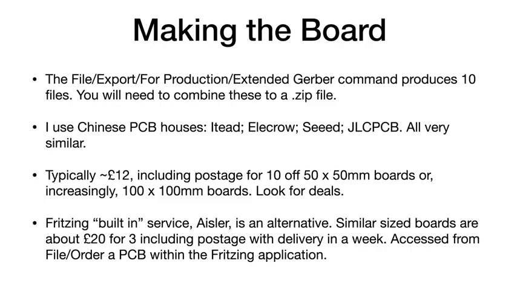The PCBs are usually less than $5, the rest is postage. I've not used the Fritzing built-in service, so can't comment on the quality. But it is more expensive than the cheapest Chinese solutions, but might be better if you want a small number of boards quickly. Let's look at a typical Chinese PCB manufacturer's webpage.